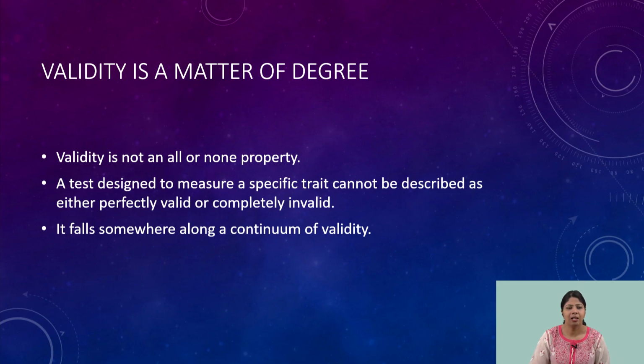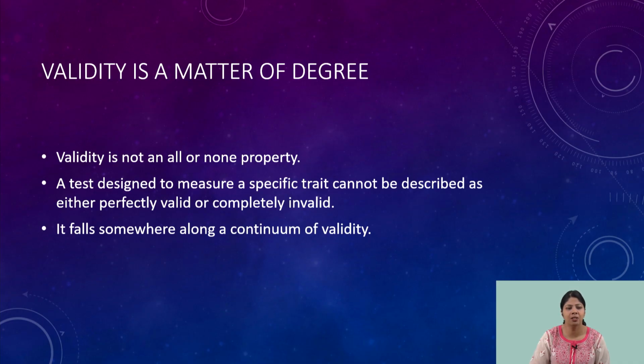That is very unlikely, because a different measure would have some sort of discrepancy from the test that is being validated. So as long as a test has a high or an acceptable validity coefficient, it would be considered a sound test or a valid test. But it cannot be said that a test is perfectly valid or perfectly invalid. To expect such a thing from especially a psychological test would be a fallacy.